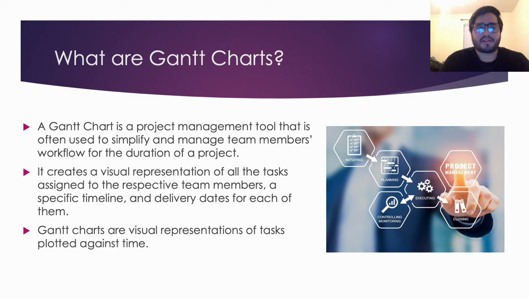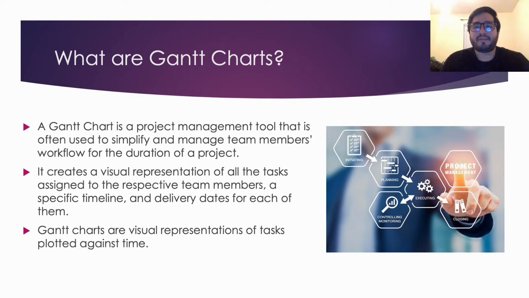So what are Gantt charts? A Gantt chart is a project management tool that is often used to simplify and manage team members' workflow for the duration of a project. It creates a visual representation of all the tasks assigned to the respective team members, the specific timeline, and delivery dates for each of them.